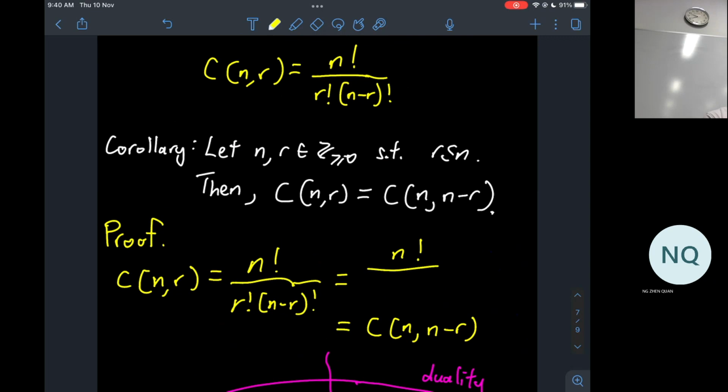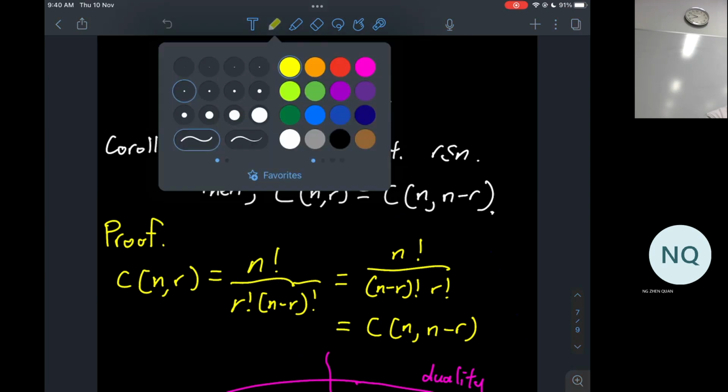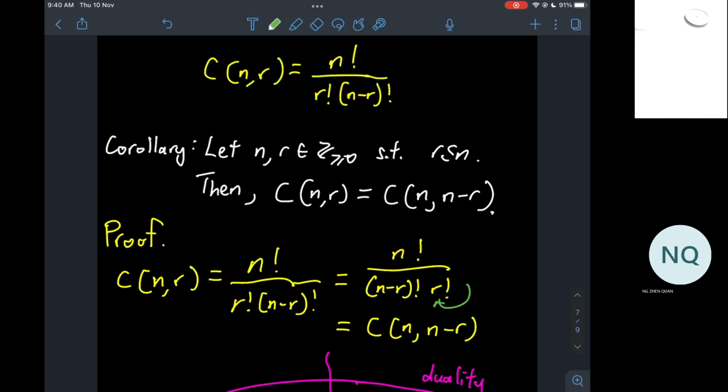You just swap the denominator. The r becomes n minus r, and n minus (n minus r) is r. So the key is that the denominator is commutative.